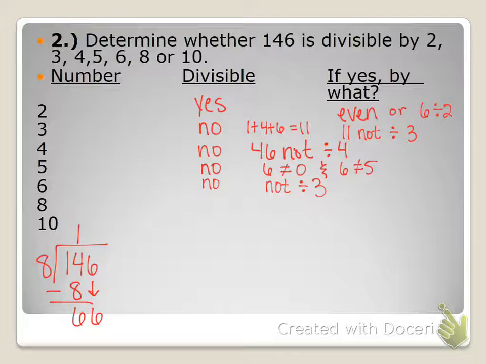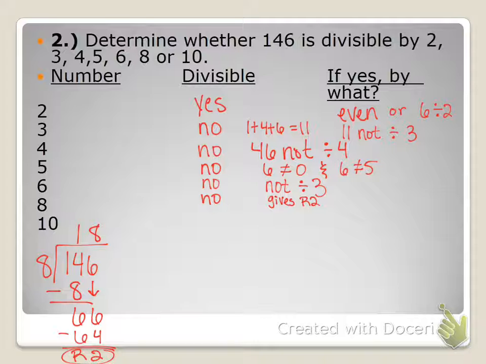How many times does 8 go into 66? 8 times. 8 times 8 is 64. We end up with a remainder of 2. So if we have a remainder, is it divisible by that number? No. So you could say 146 is not divisible by 8, or gives a remainder. Gives a remainder of 2, something along those lines.